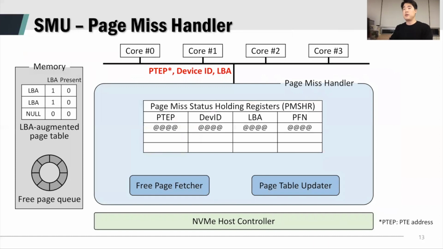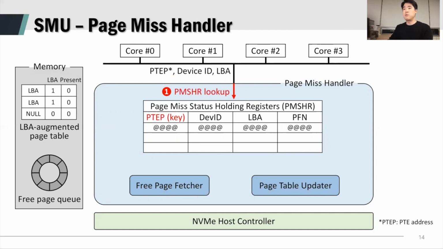In HWDP, the MMU requests the page mishandling to the SMU corresponding to the socket ID in the PTE. At this time, the MMU delivers the PTE address, device ID, and LBA together. Before we move on, one question here is how to synchronize page misses in hardware.